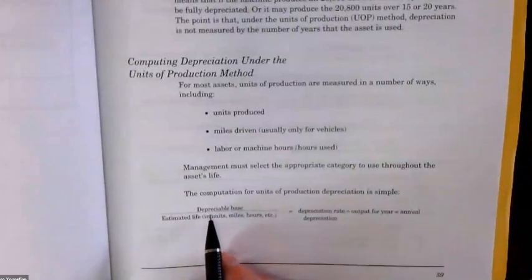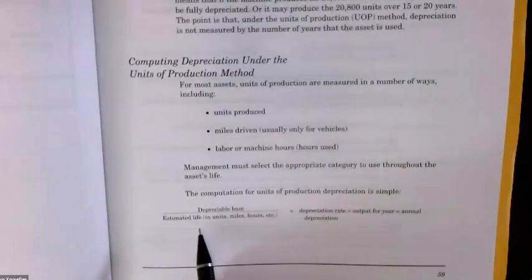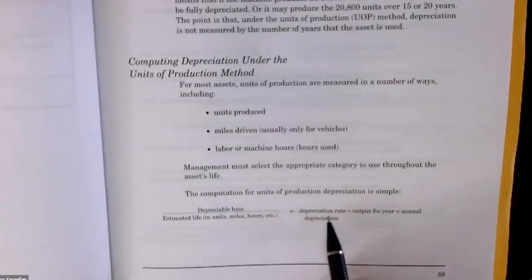It says here, depreciable base divided by the estimated number of units, miles, hours, whatever it might be, gives you the depreciation rate for every one output, every 1 mile, every 1 unit, every 1 machine hour.